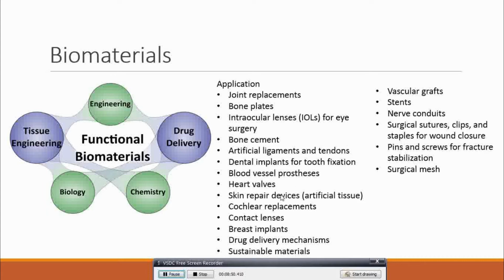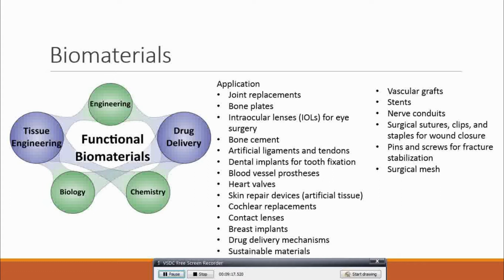So you can replace these heart valves with biomaterial, skin repair devices, artificial tissue. For example, people involved in fire burns and so on, so you can replace them with skin repair. So you have a layer of skin patch on the area of the damaged part, so that the skin will grow nicely.